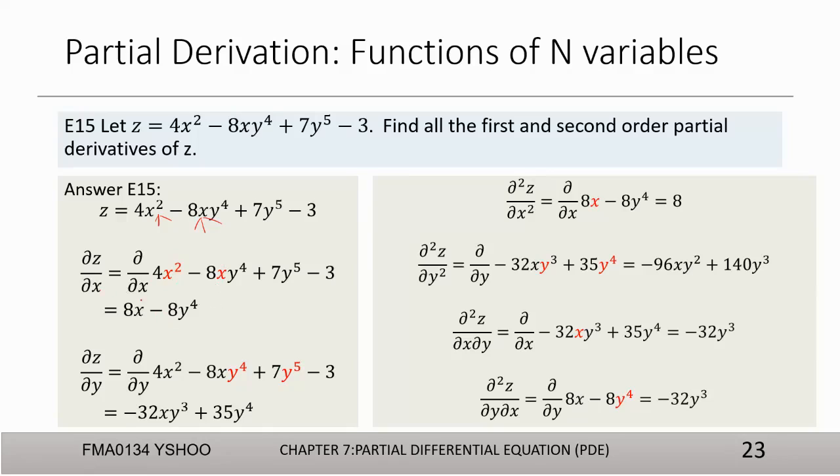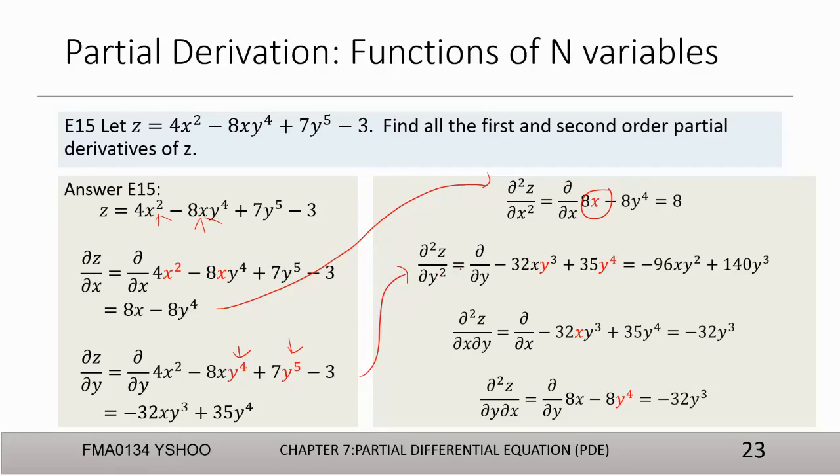If you want to do the second time towards x, you start from here. I only have an x over here, so I have an 8. When I have a y, I only need to identify this is my y, so I have negative 32 x y cubed plus 35 y to the 4. Differentiate normally; the rest is a constant, becomes 0.